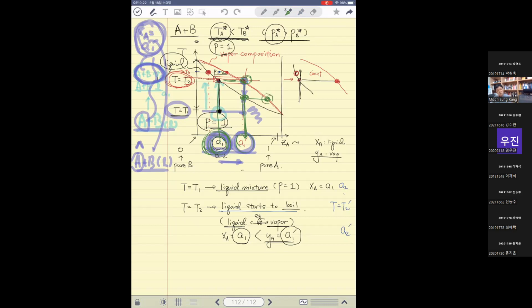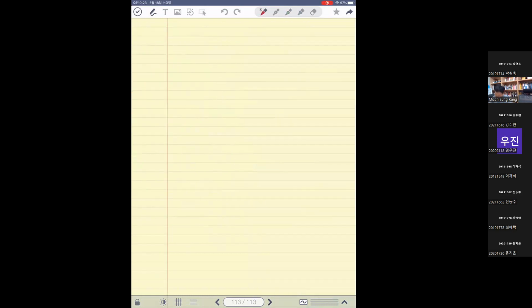Let's say I cool this, collect this separately, cool this down. It's going to have a composition here. I'm going to boil this, collect the vapor phase, and cool that down. And by doing this over and over, I should be able to obtain pure A, right? I started from an A plus B mixture, but I can reach a composition with higher purity of A, or higher composition of A, right? This process is known as distillation.